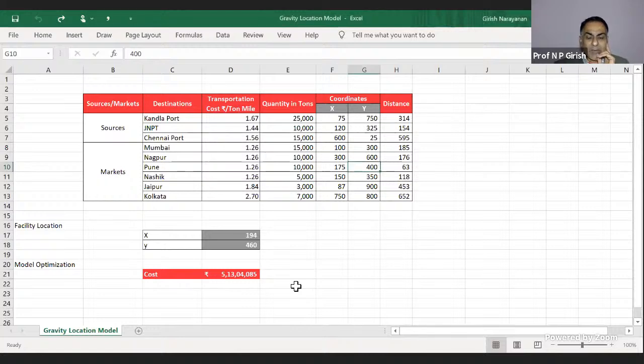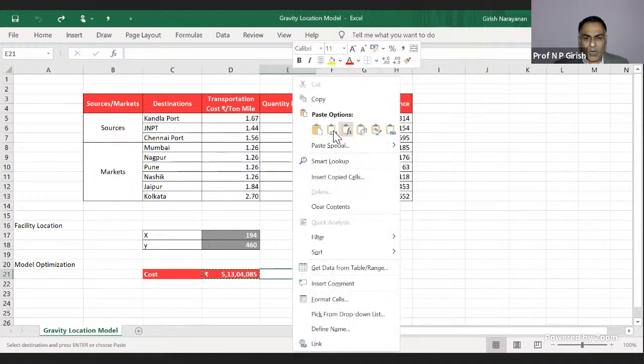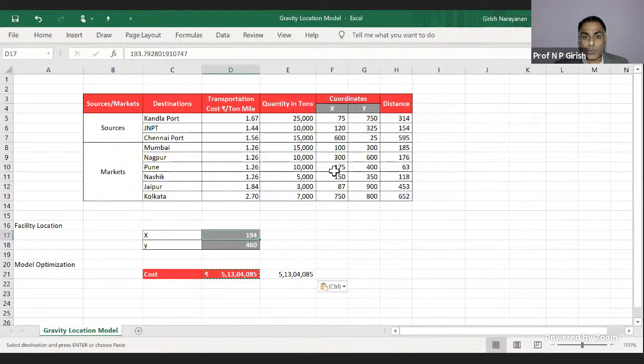But the point is, Mithal, when you say somewhere near Pune, if it is really far off and it doesn't really have any infrastructure support, will that be a good idea? Right? So what do we do? Let's say that I will set up somewhere not here, somewhere more close to Pune. Let's actually, for the sake of it, say 175, 400.